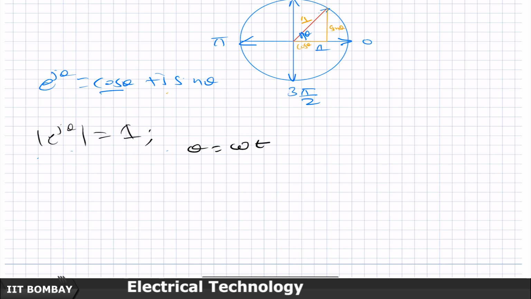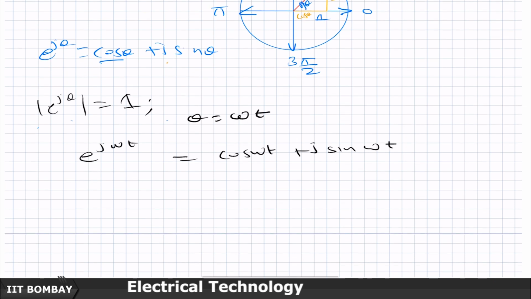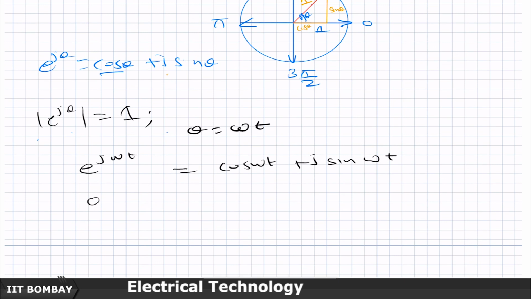Now, suppose theta was omega t. This is something that is going to happen quite often. Then this is cos of omega t plus j sin of omega t, and if theta is equal to omega t, then we know that d theta by dt is going to be equal to omega.